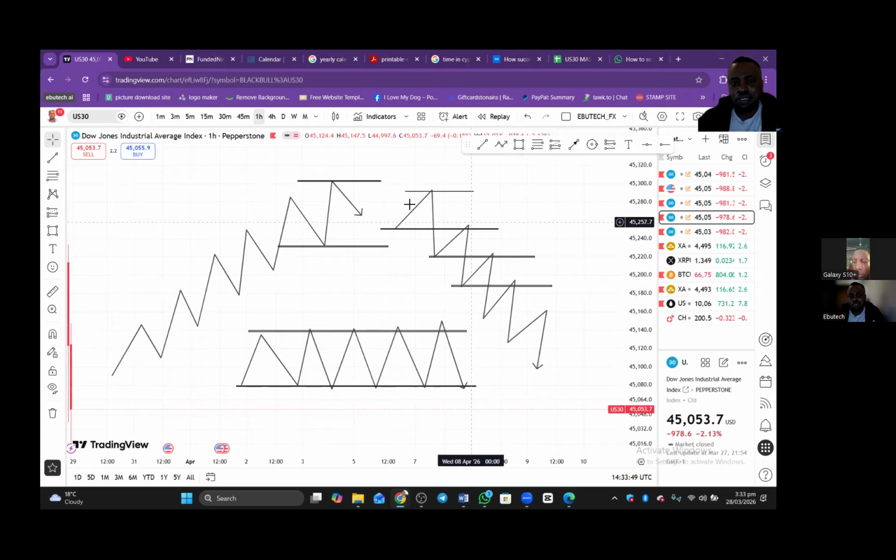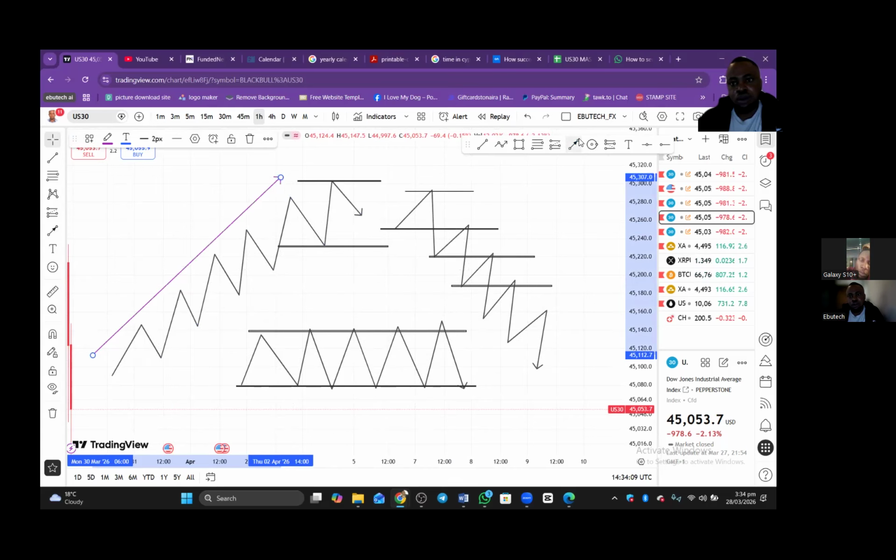Because generally in trading, we have 3 major ways that the market moves. The market moves up, which is uptrend, like this. The market moves down like this.